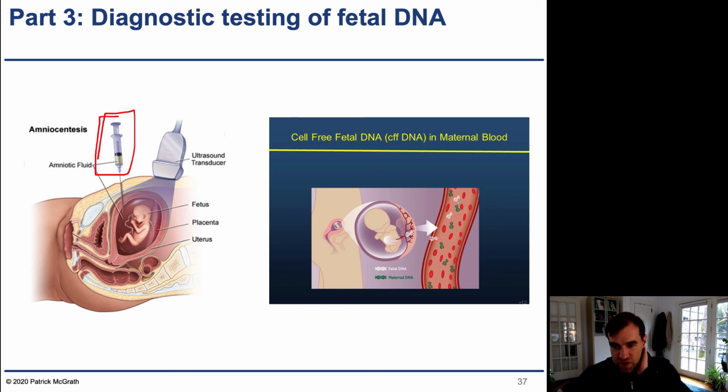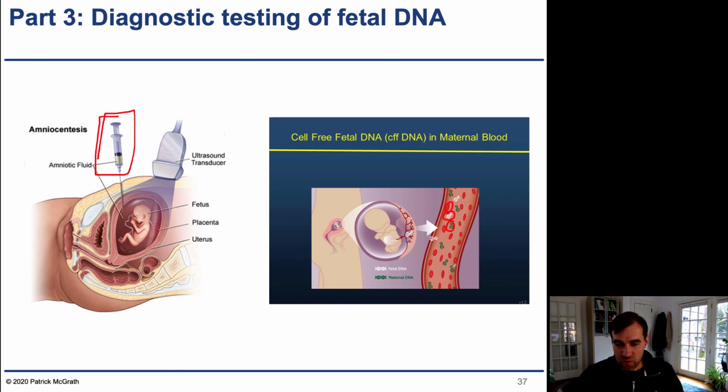If you took a blood sample from the mother's arm, you'd find red blood cells and white blood cells, but you also find DNA within the blood. There's maternal DNA, pieces of DNA from the mother's cells, but there's also pieces of DNA from the fetal cells. Because of the shared blood flow between the mother and the fetus, pieces of DNA end up in the mother's bloodstream.